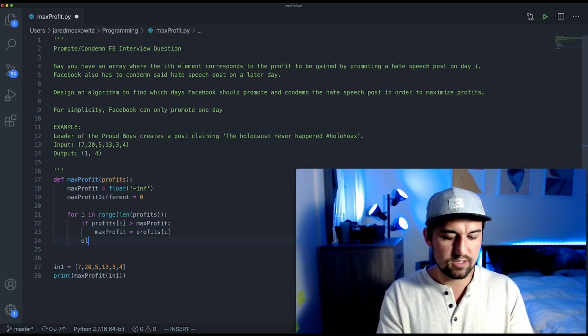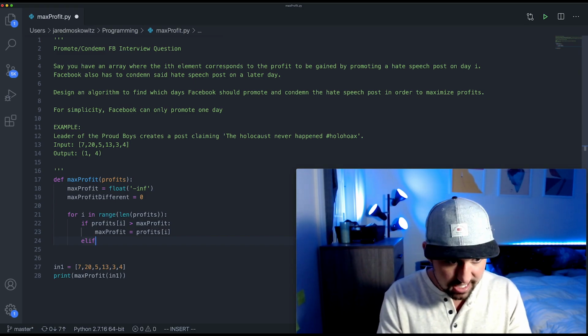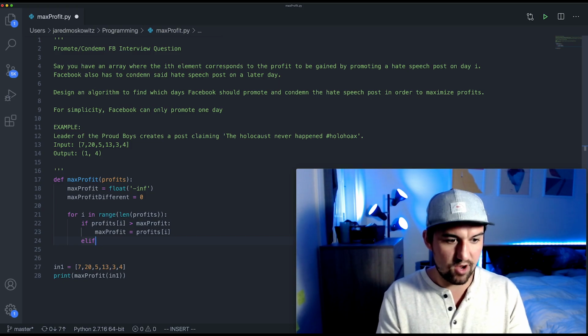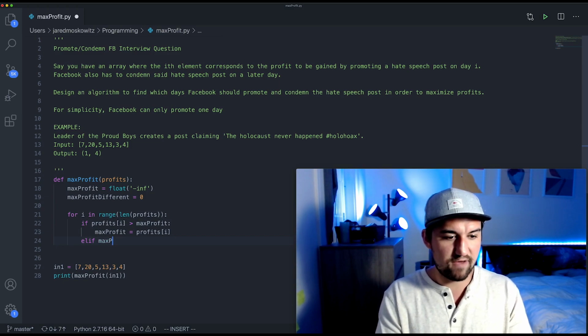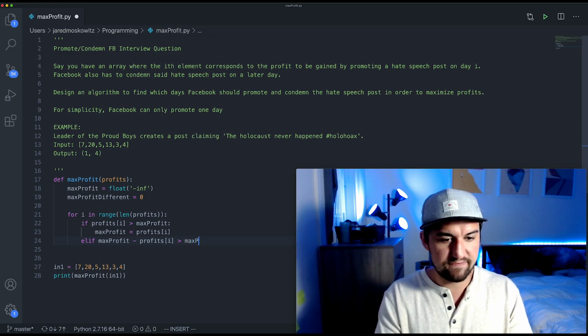Else if, so that's the case where we're looking for a maximum. If we have a maximum, we're starting to compare differences, then we're going to do this. We're going to say, okay, else if max profit minus profits at i is greater than max profit difference.